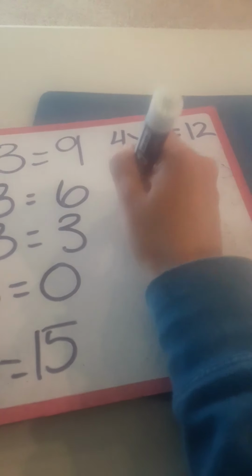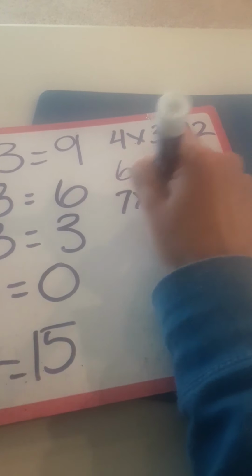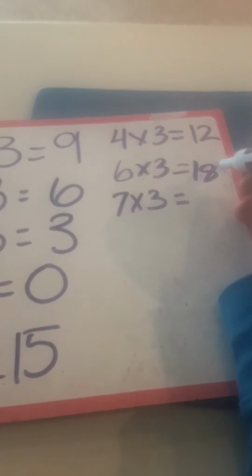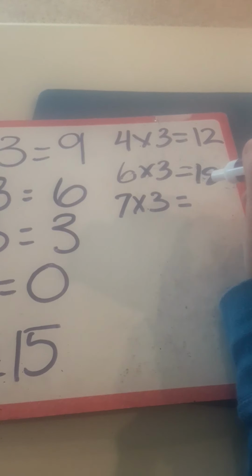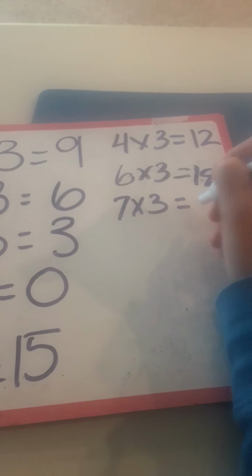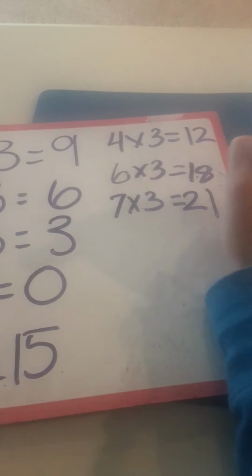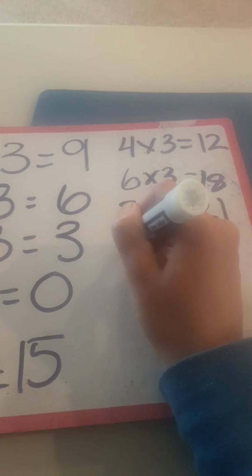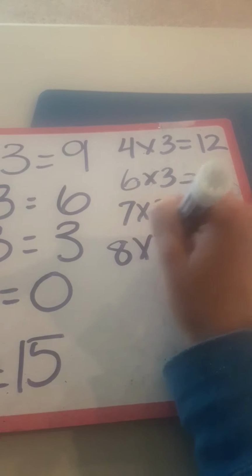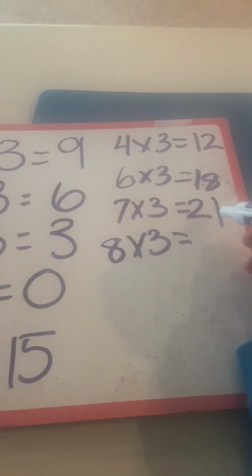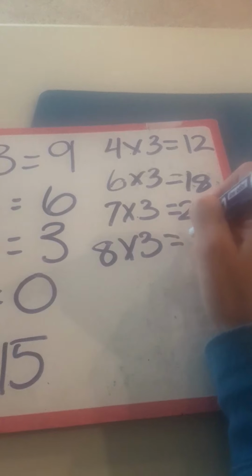Now if I have 7 groups of 3, well, what will come after 18 if I went up 3 more? 21. Okay, now I'm going to do 8 groups times 3. Well, 21, 24.